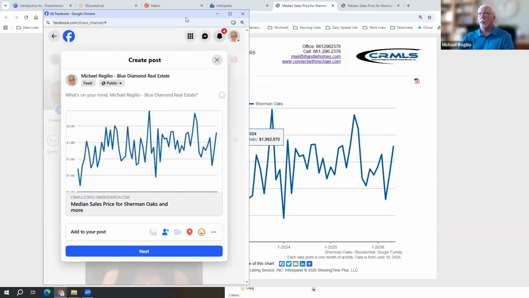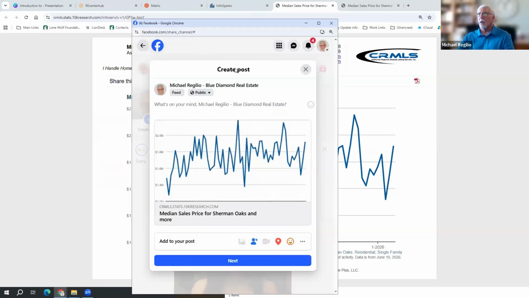So I can share it. When they click on the chart, it will open up in this format. Obviously, you want to give your opinion as far as what your take is on the market, and ask a question, right? Create that engagement.